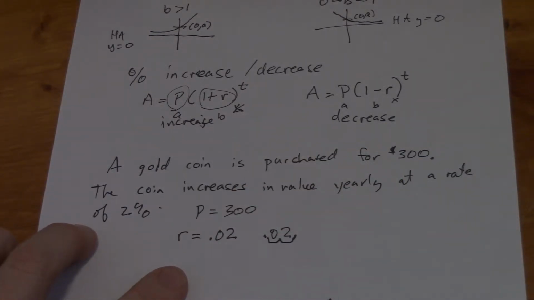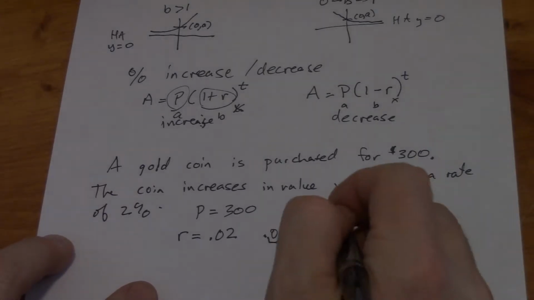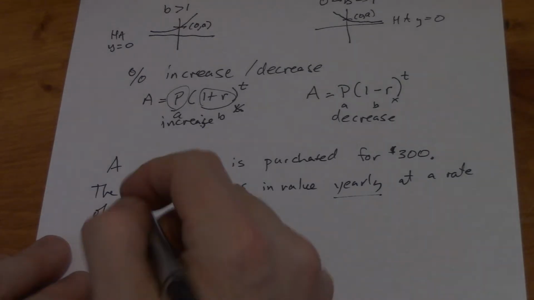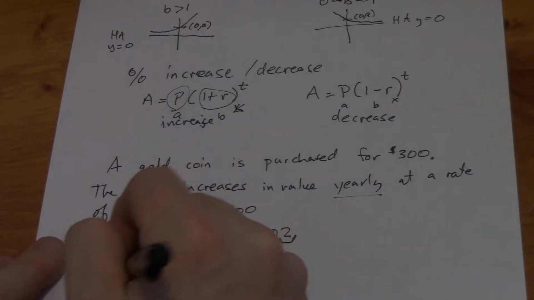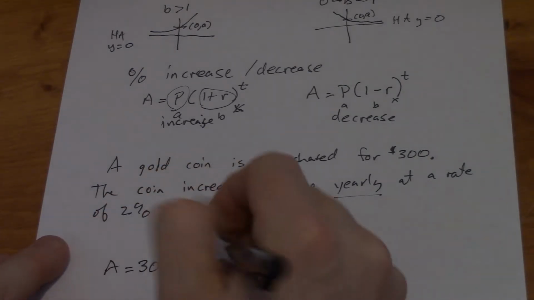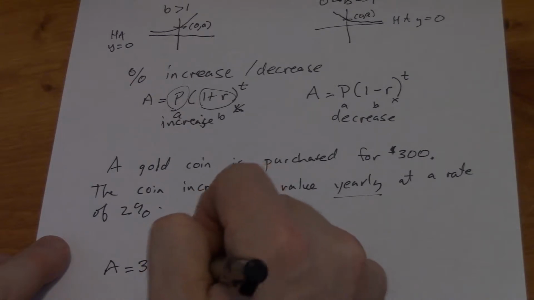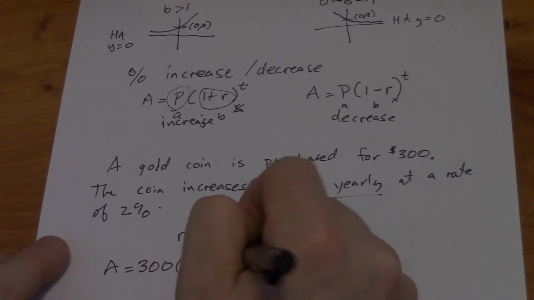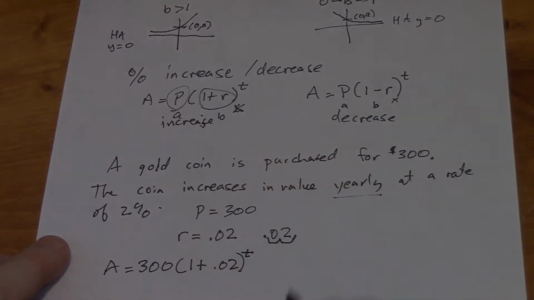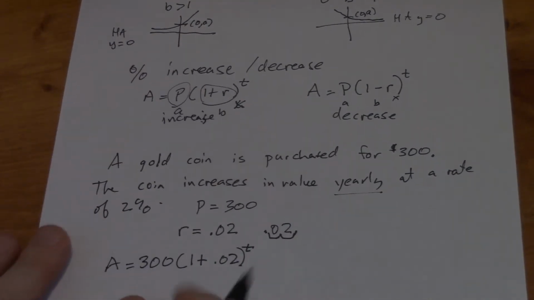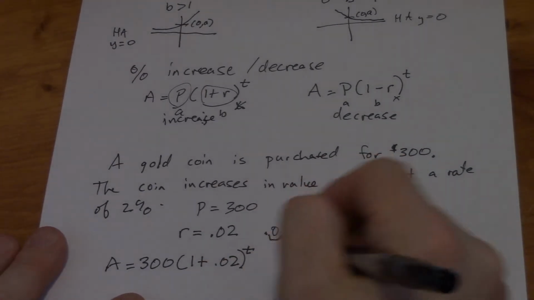And T is going to be time in years. Okay, so A would be 300 times (1 plus 0.02) to the T. So this would be the function that represents the amount the coin is worth at any time T.